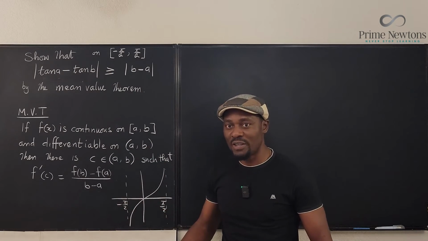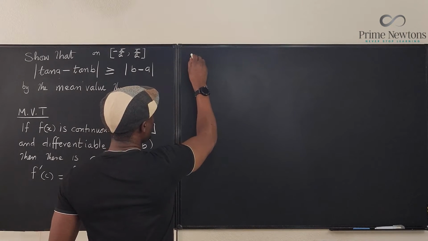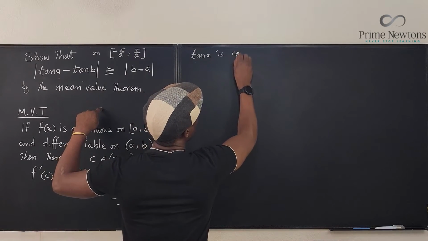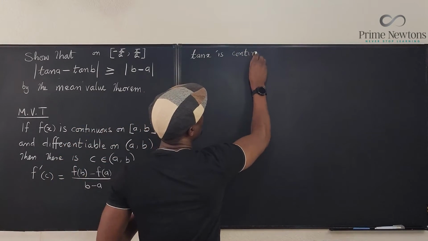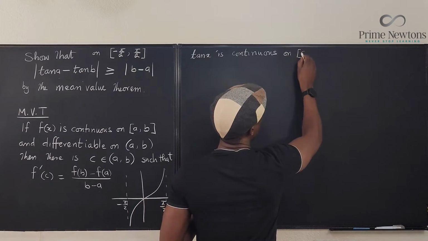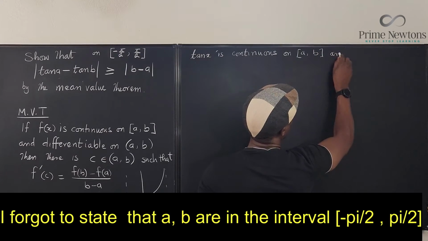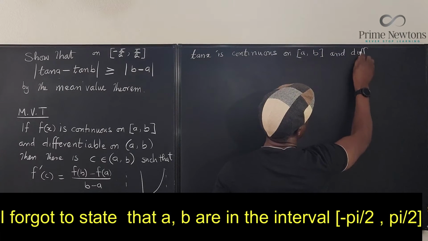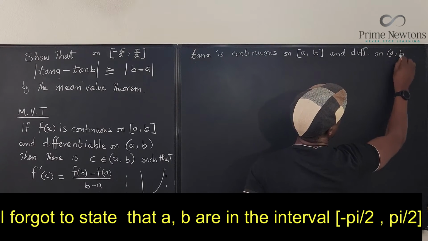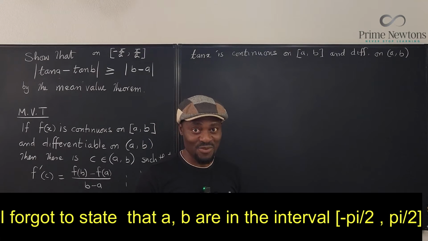So how do you start answering this question? This is what you say. You say that tan x is continuous on the closed interval a, b, and differentiable on a, b. It has met the two conditions. We know that because it's tangent, right?